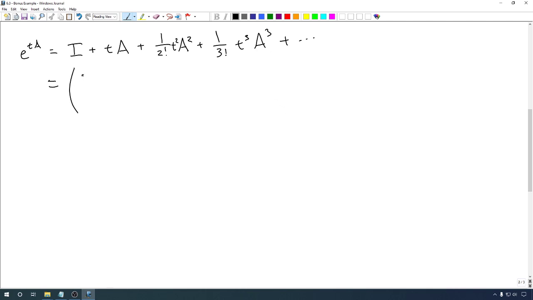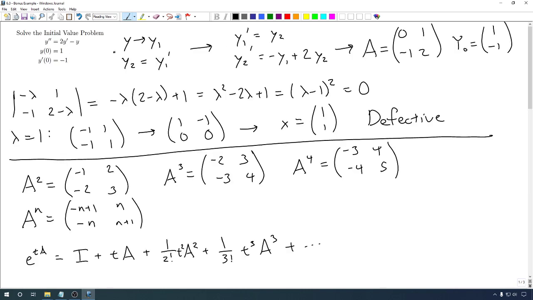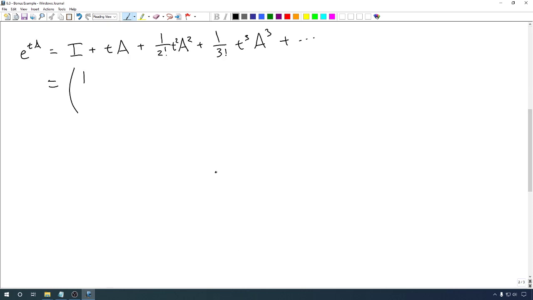Our first one here, we have this one from the I. Then we have t times A. Remember, A has a 0 in that first spot, so that goes away. Then we have 1 over 2 factorial t squared times the negative 1 that we have in A squared. Then we have 1 over 3 factorial t cubed times the negative 2 that we have in A cubed, and so on and so forth.